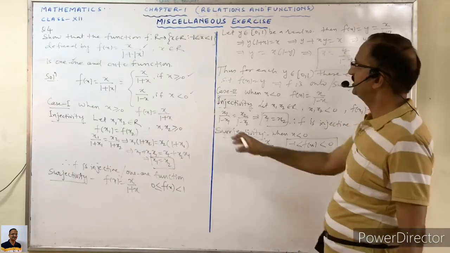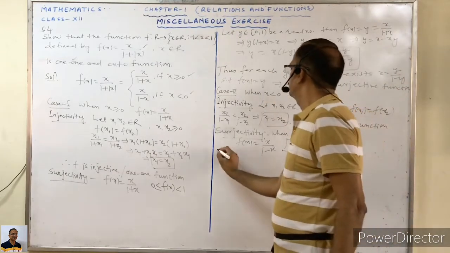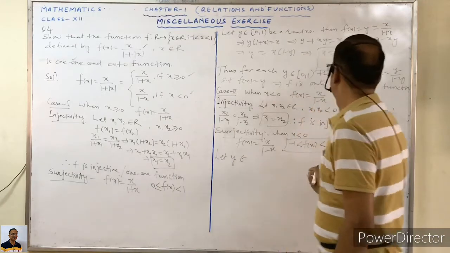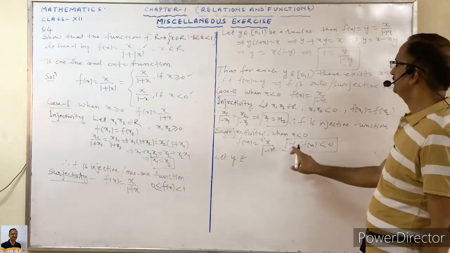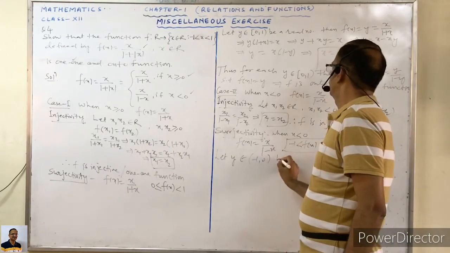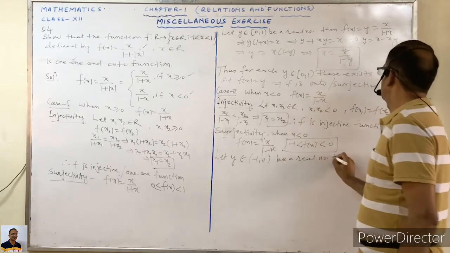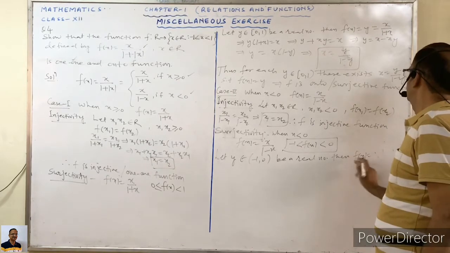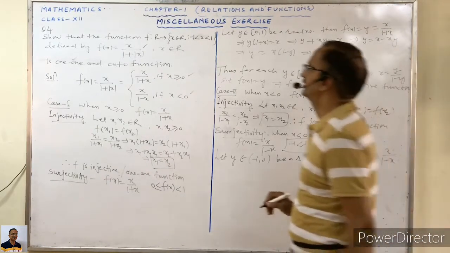So in the same way as we have written in case 1, let y belong to, here the interval is minus 1 to 0 (there it was 0 to 1), be a real number. Then f(x) equals y equals x upon 1 minus x.